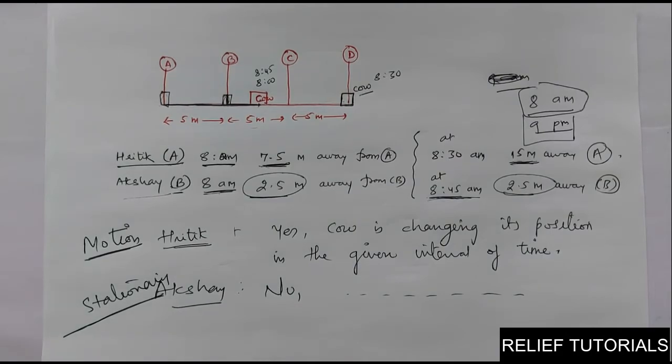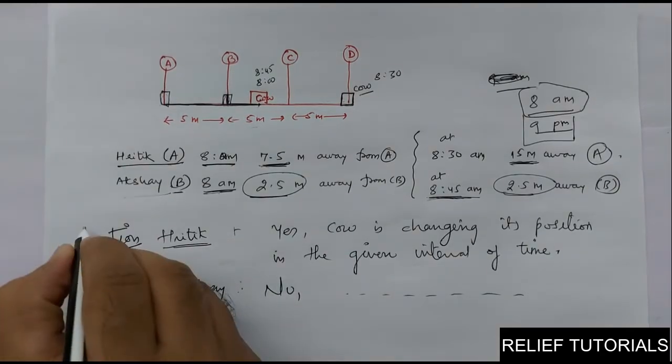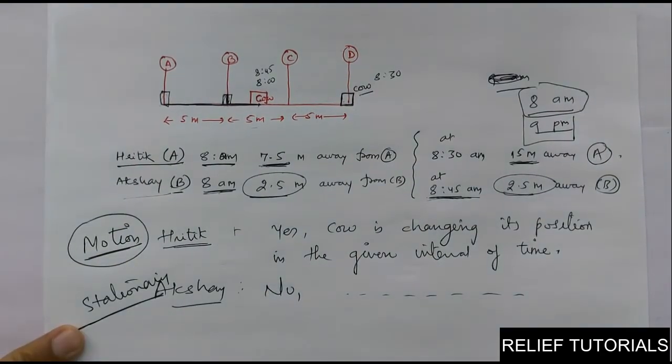So what does it mean? According to your observation, the position of your father is not changing. So your father is stationary. But we know that he is moving from home to office and office to home. But when you observe is also important. So when can we say the substance is in motion?